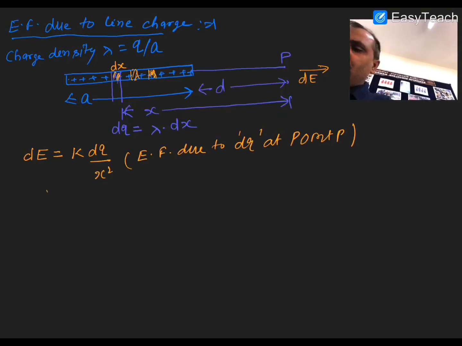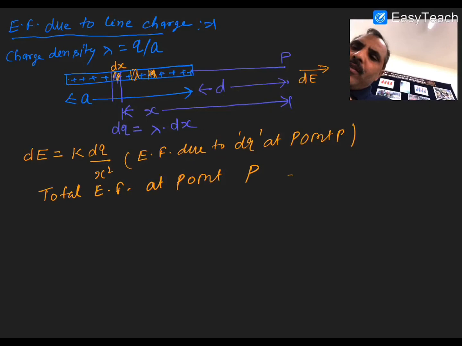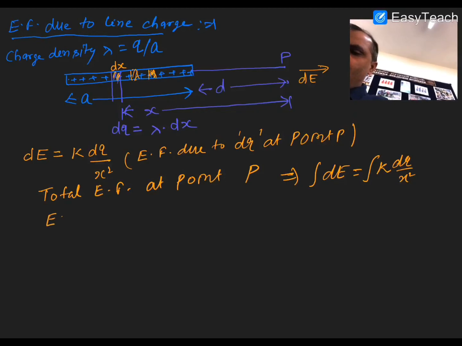It means the total electric field at point P is equal to the integration of dE, which is the integration of k dq upon x square, where the limit of x starts from one end to the other end.